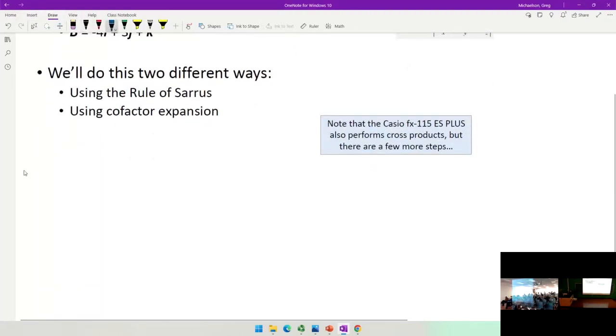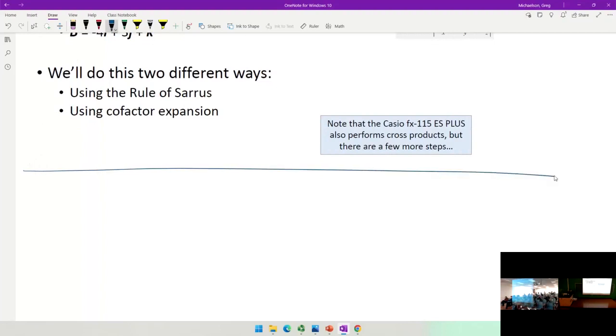Let's go through this. Now, ultimately, what we're going to be doing is A cross B, and regardless of which method, what you're going to be doing is evaluating the determinant of this matrix: 2, 1, 1, negative 4, 3, 1.